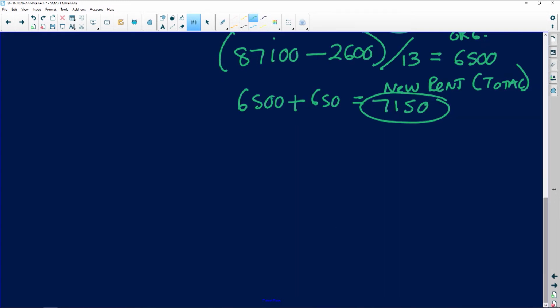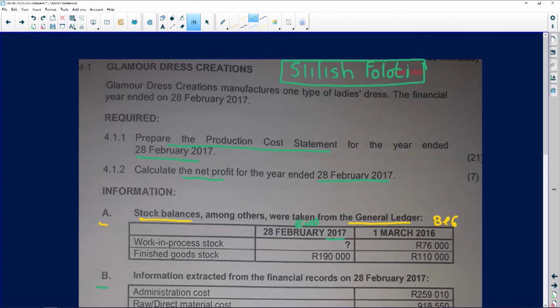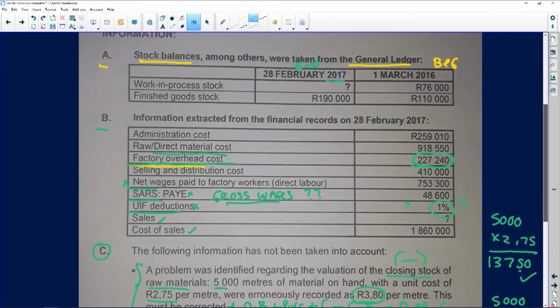So remember, 87,100, that is obviously my total rent. I am now going to minus 7,150, okay? And then let's now go back to the information. We are only interested in the actual factory.